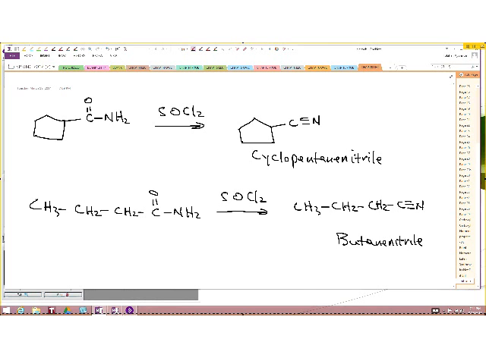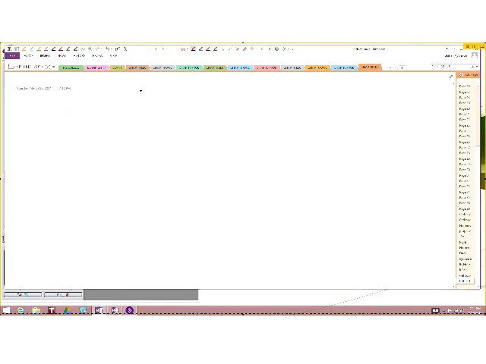Now let us take a look at the synthesis of carboxylic acid. I'm going to make this easy for you, so I will number them. Number 1: hydrolysis of nitriles.